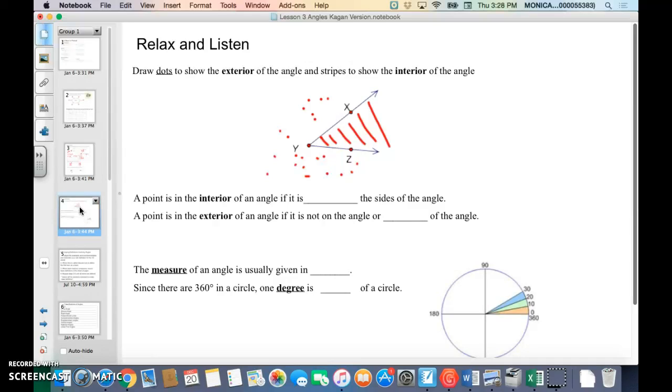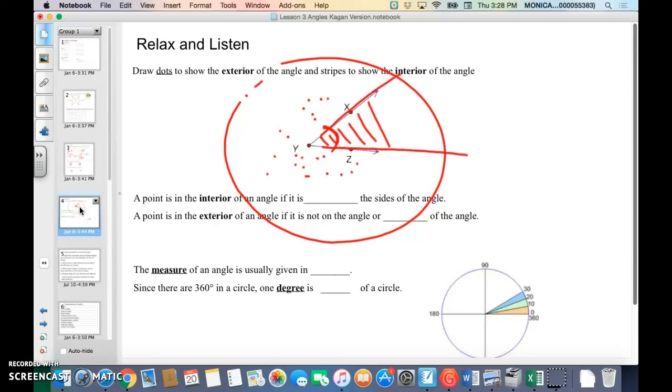And then we give this angle degrees, and that's what we're going to learn how to do today: how to figure out what portion of a full circle, if I drew a full circle, this angle is. And that's where we get degrees. So 1 degree is 1/360th of a circle.